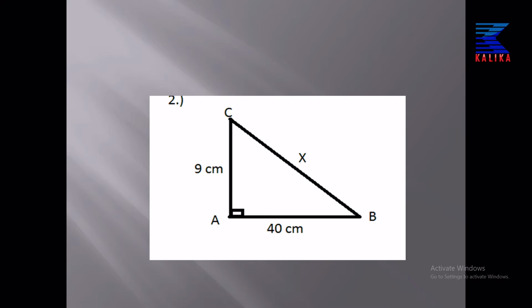First of all, draw the figure please. Now, A is the right angle, then B, then C. Hypotenuse is x, perpendicular is 9 cm and base is 40 cm.